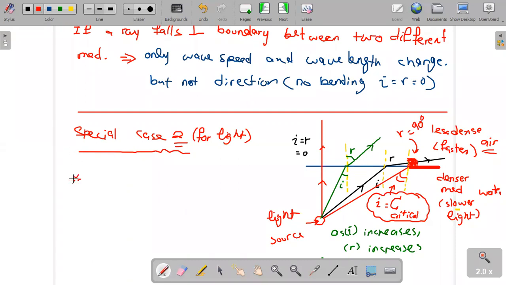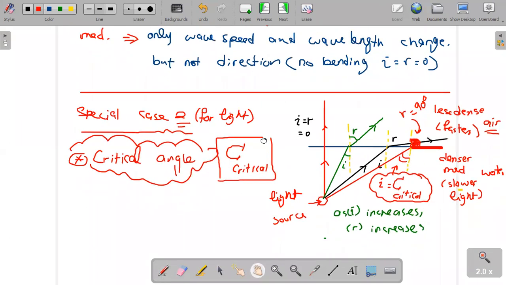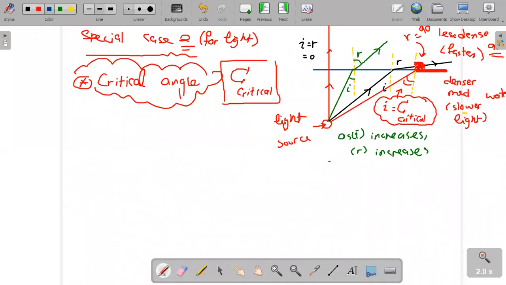Wait a moment, listen well, be careful. What is the critical angle? C, capital C, critical angle. It's an incident ray in the denser medium.